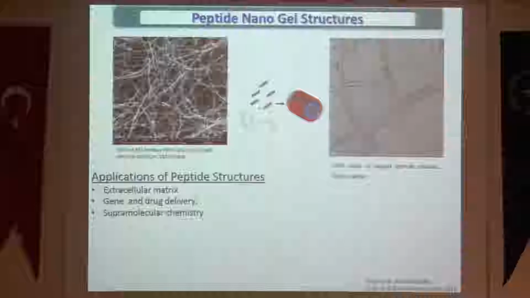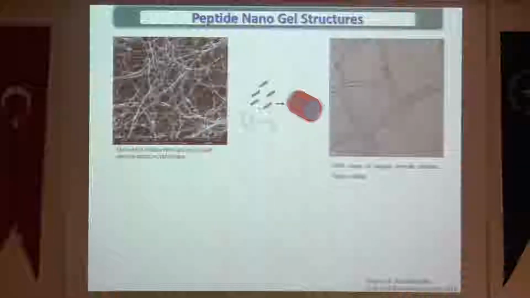So why do people use this? They use these structures to make an extracellular matrix, and they use it for gene and drug delivery, and for supramolecular chemistry.